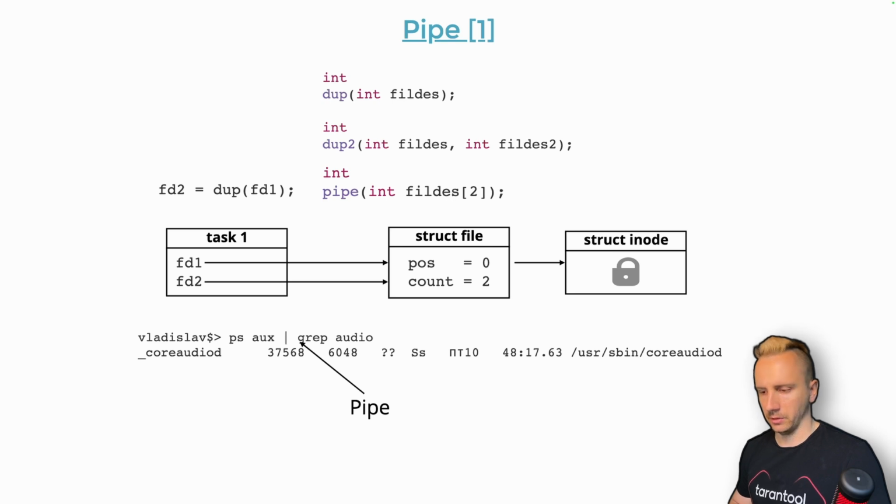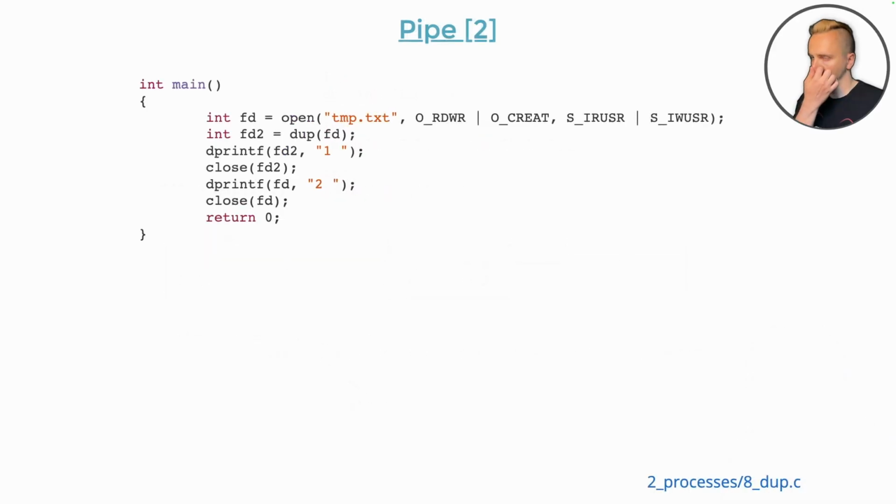Let's first experiment a bit with dup. So here I opened a file, some random text file, and I also duplicated this file descriptor. So I have fd and fd2. And I can easily test if those file descriptors are actually one. I will write to the second one and close it, and I will write to the first one and close it.